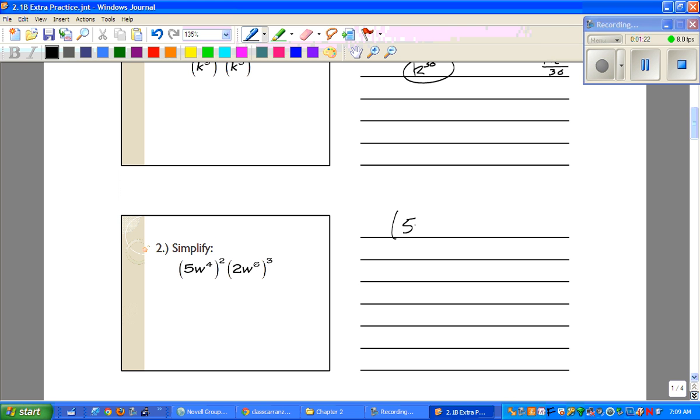All right, next one. 5w to the 4th all squared times 2w to the 6th to the 3rd power.